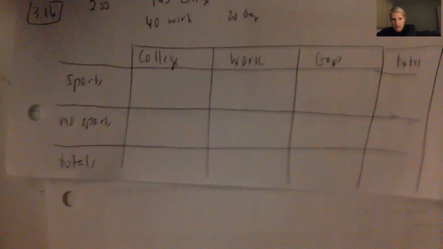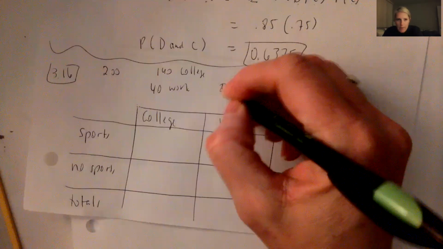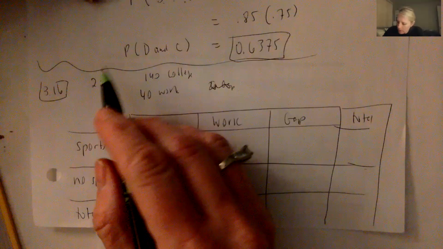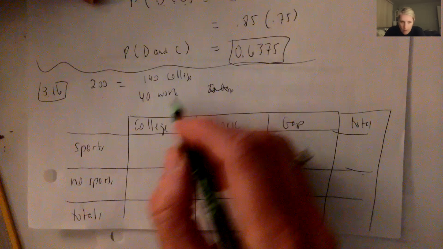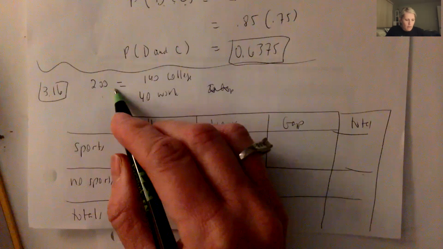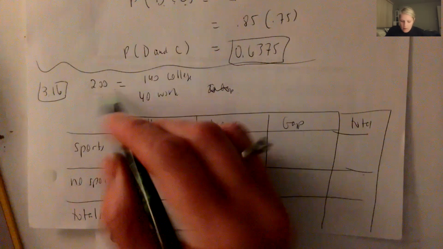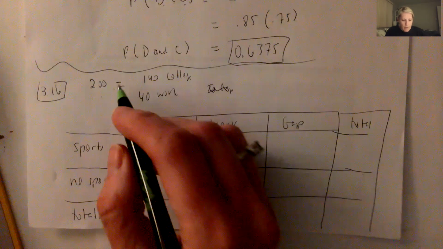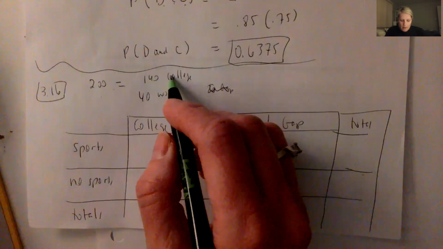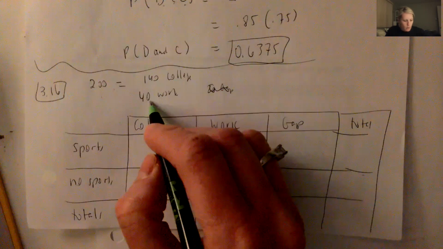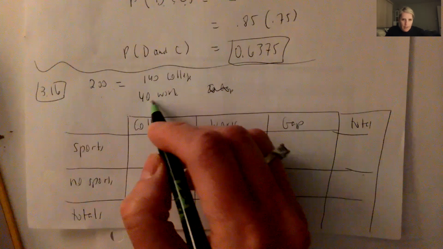I started thinking about this like making a table, but I know that 200 in all were surveyed, or there were 200 students at the school that were seniors. 140 of them are going to college. 40 of them are going directly to work. And it says the remainder are taking a gap year.